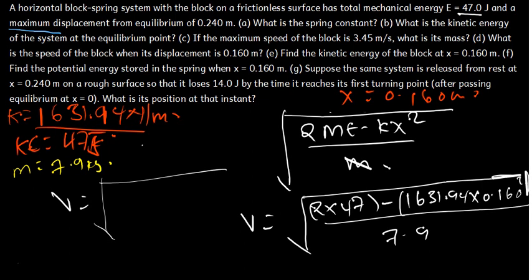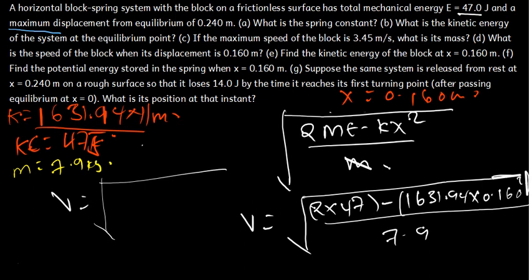I'm getting 94 minus, then I'm going to put these two in brackets, open the brackets, 1631.94 times 0.16. Now I square it, then I close the brackets. So on top there I'm getting 52.2222. That is what I'm getting.